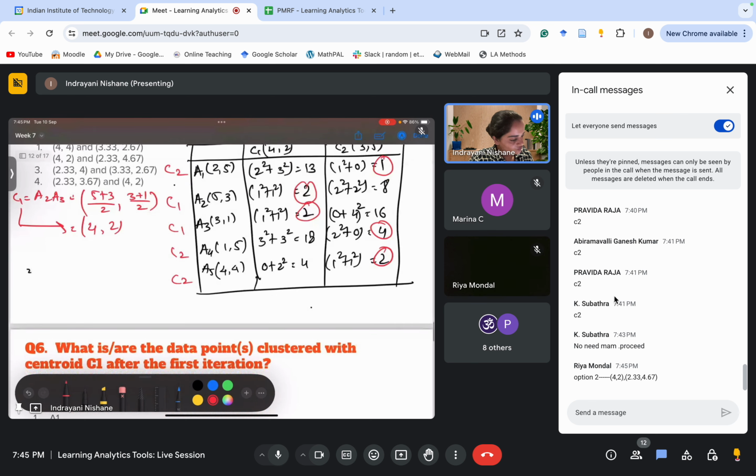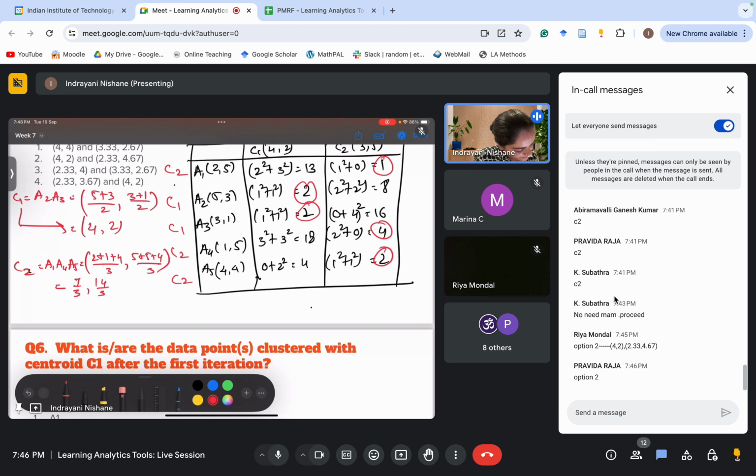Now we have to calculate C2. C2 has A1, A4 and A5. We will average the x coordinates first: 2 plus 1 plus 4 divided by 3, and 5 plus 5 plus 4 divided by 3. So 7 by 3 and 14 by 3.